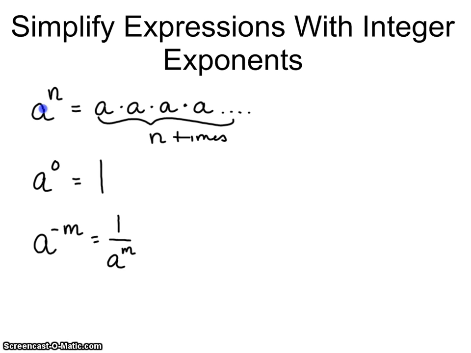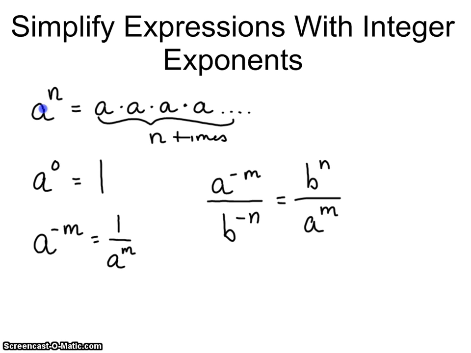Another property related to negative exponents: a to the negative m over b to the negative n. Now notice a to the negative m is in the numerator of this fraction. We can write a to the positive m in the denominator. That's the same thing as saying 1 over a to the m. B to the negative n is in the denominator, so b to the positive n will end up in the numerator.